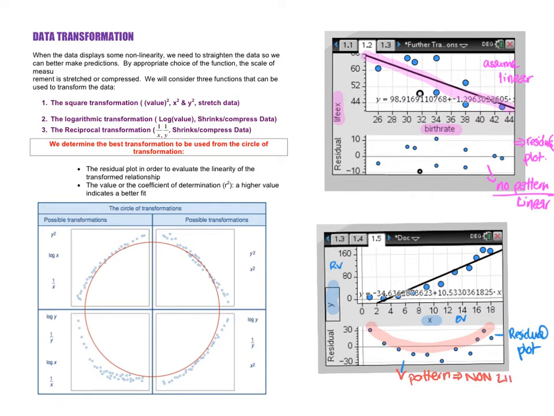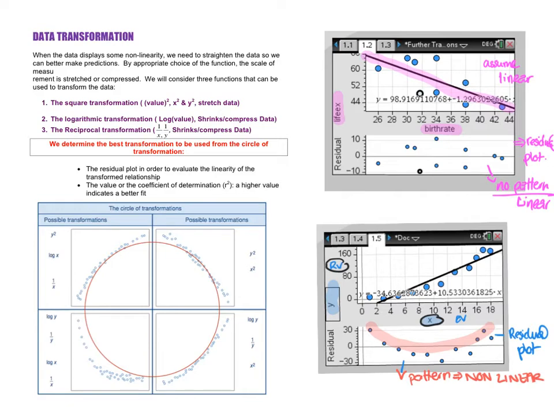When it's non-linear, it means we want to make some changes to the data to try and straighten it up to make it a linear relationship, and that's called transformation. What we're going to do is change one of the lists. We'll either change the x values or we'll change the y values, and we can change them by doing certain things.